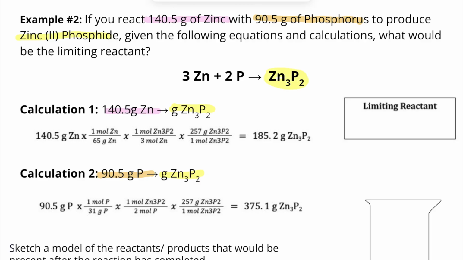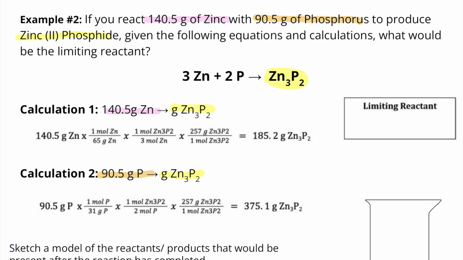In this case, we only have one product, so that is the product it told us. Whatever product your problem is specifying, that's where you would solve for. So with this, we got that our zinc made 185.2 grams of zinc phosphide. Our phosphorus made 375.1 grams of zinc phosphide. And so we're going to compare.